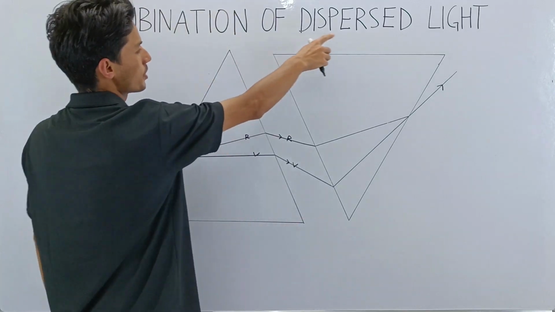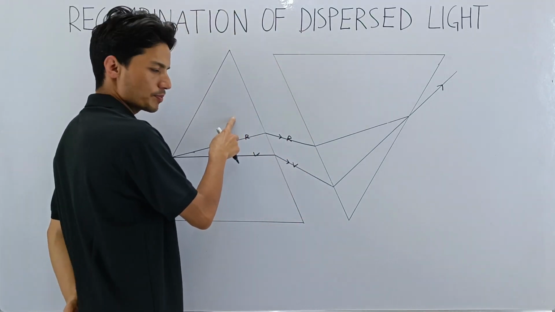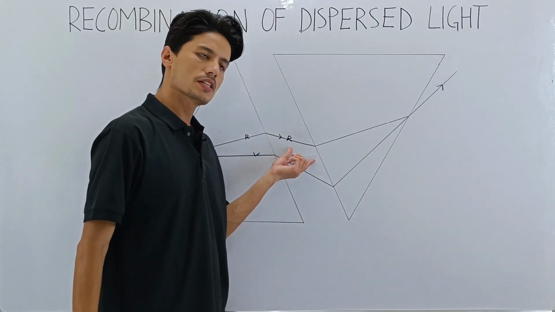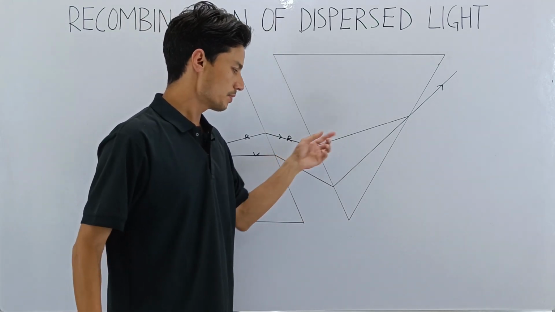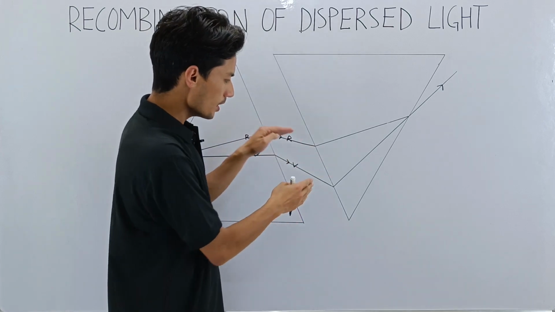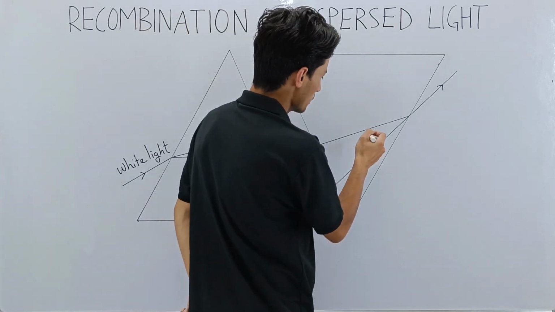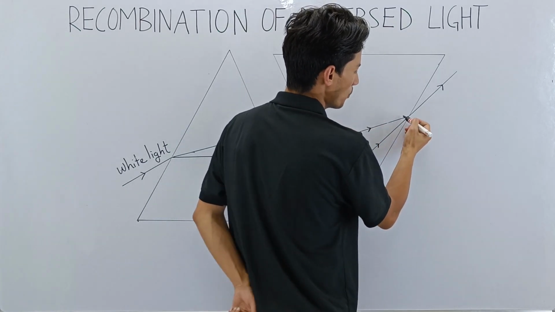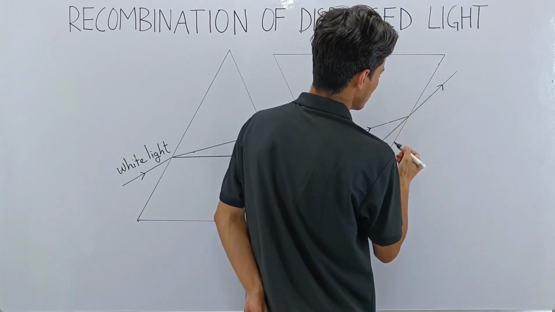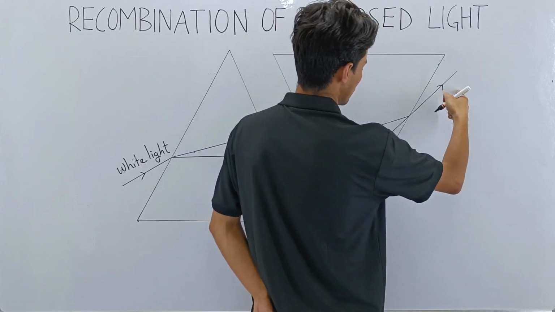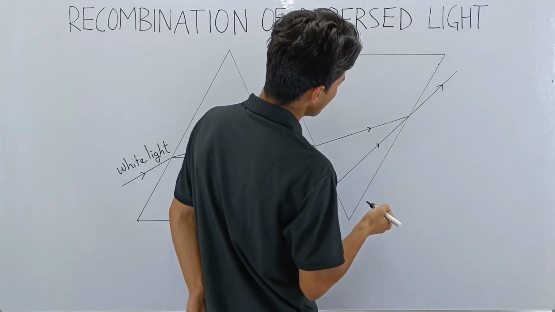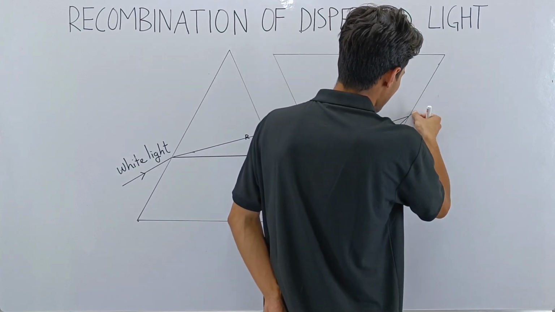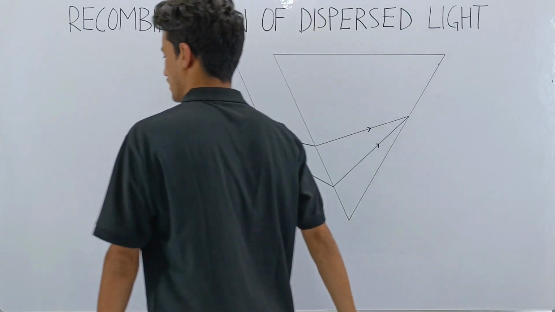Recombination of dispersed light. So with respect to the first prism, they undergo dispersion, but now this dispersed light, with respect to the second prism, will recombine again. And once they recombine, how will it emerge out? It will emerge out as white light. So I think this one cannot be straight. After all, bending will take place.